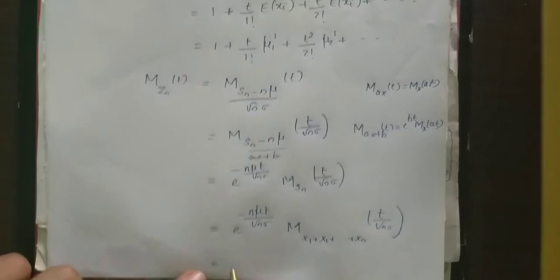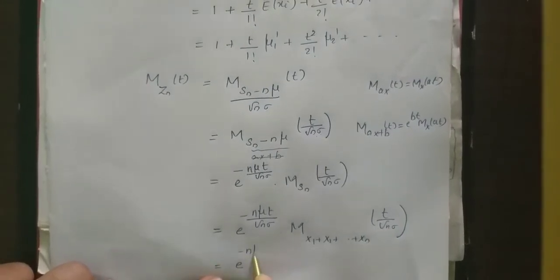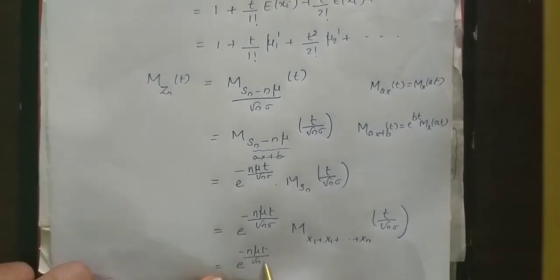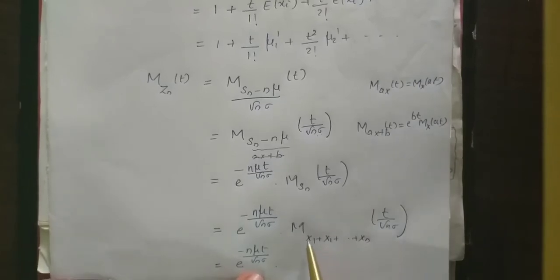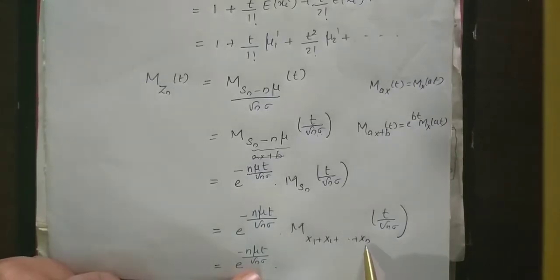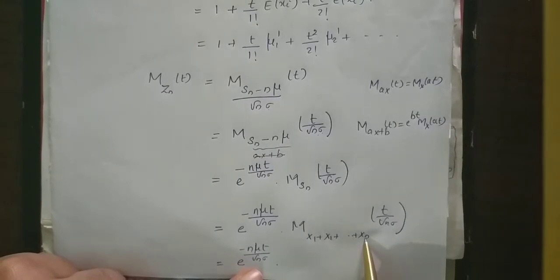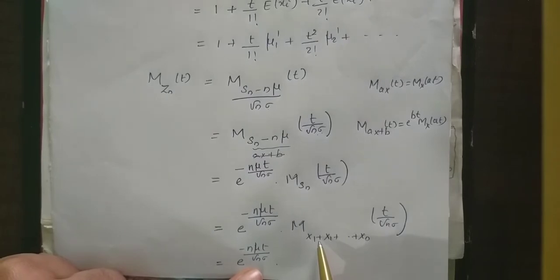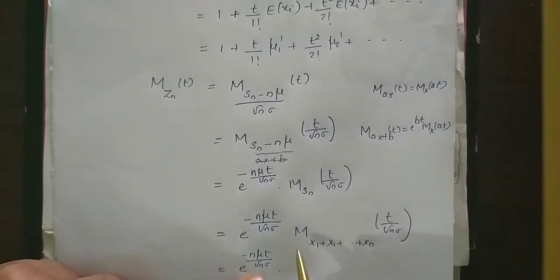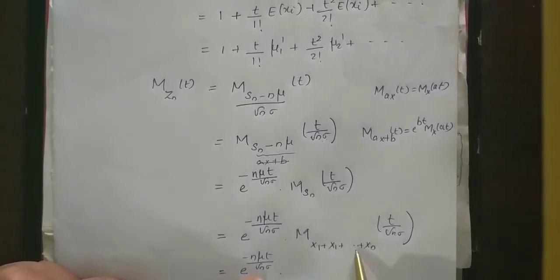This is equal to e raised to minus n mu t by root n sigma into, we know that the Xi's are independent. So the MGF of the sum is the product of MGFs. That is, M of X plus Y of t is equal to MX(t) into MY(t).